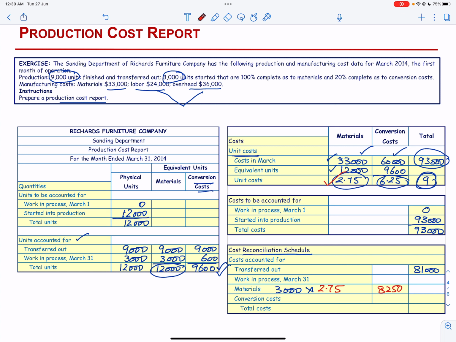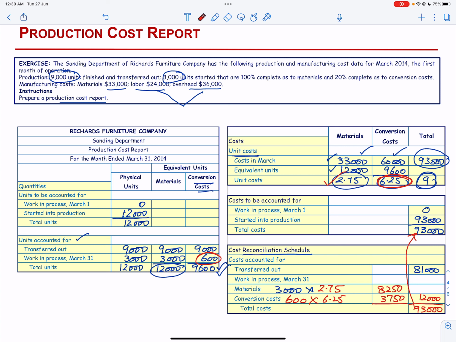The conversion cost will be the 600 units times the conversion unit cost, that is 6.25, and this will be 3,750, and the total work in process will be 12,000, and the total cost will be 93,000 that we have calculated. So that is how we can compare how we have recorded our production cost report information.